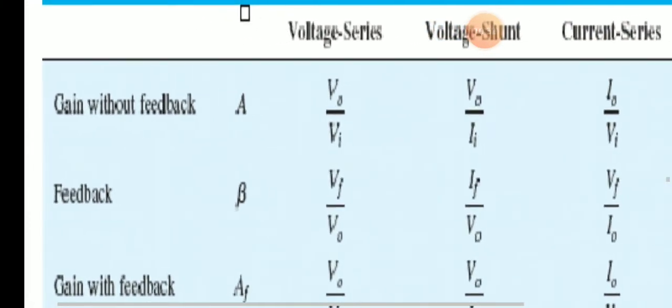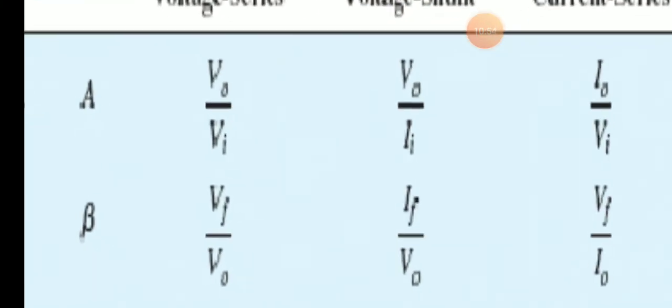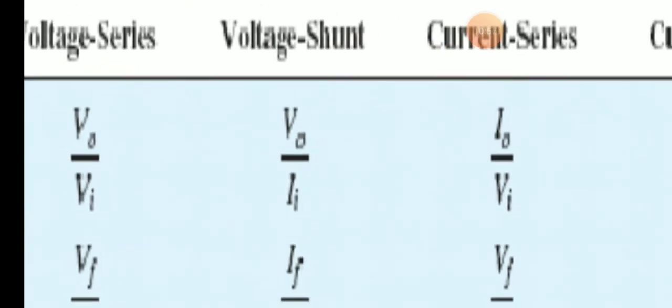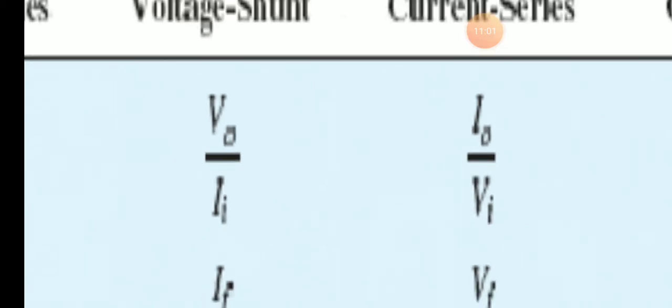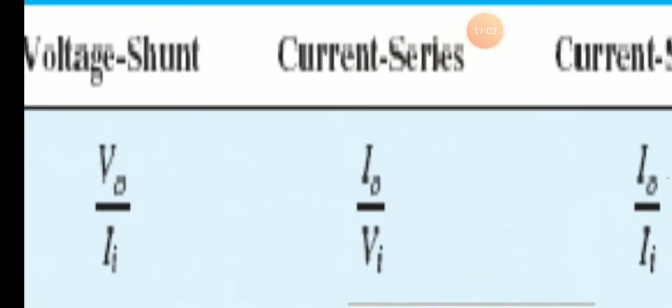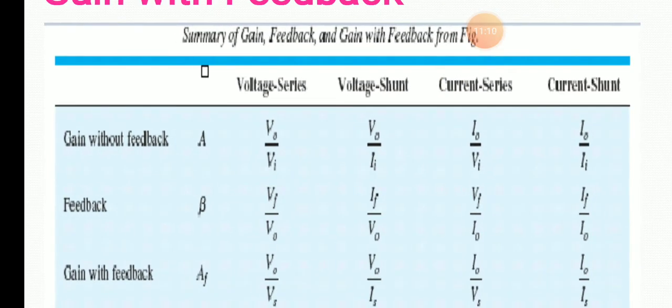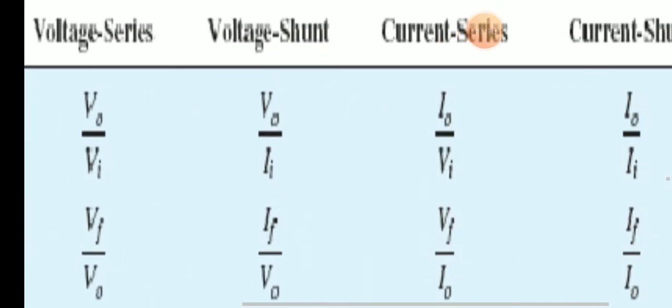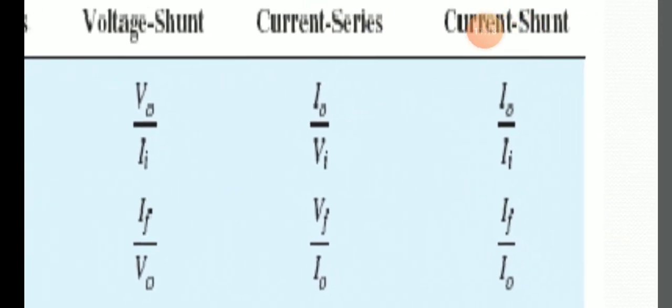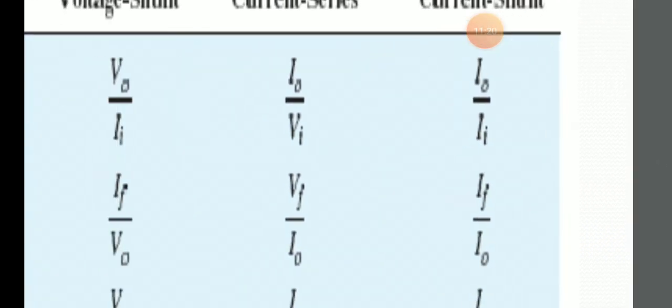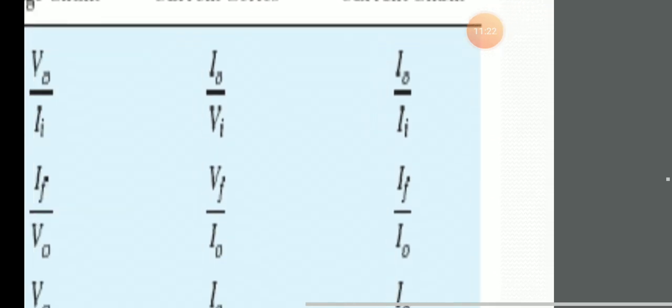In the gain without feedback, it is V0 by Vi in voltage series, V0 by Ii in voltage shunt, I0 by Vi in current series, and I0 by Ii in current shunt. Similarly, the feedback element beta is Vf by V0 in voltage series, If by V0 in voltage shunt, Vf by I0 in current series, and If by I0 in current shunt.